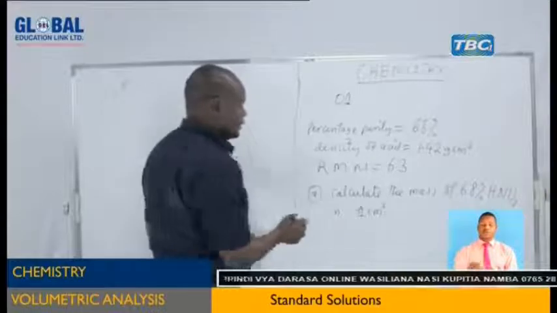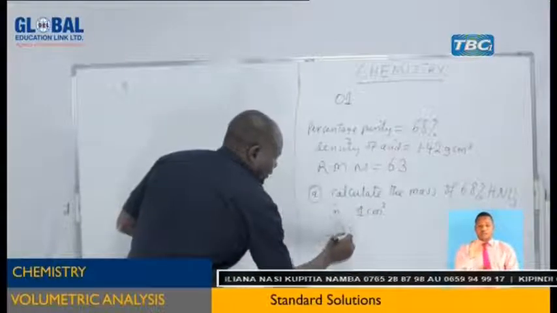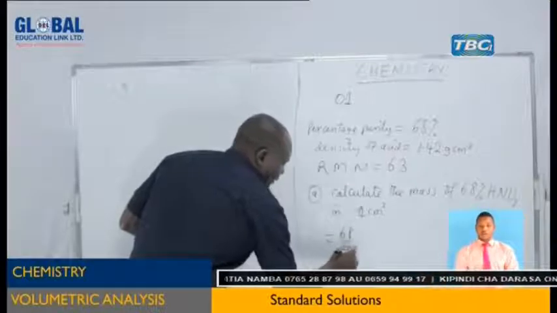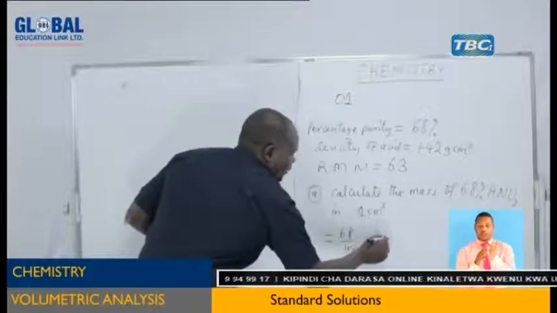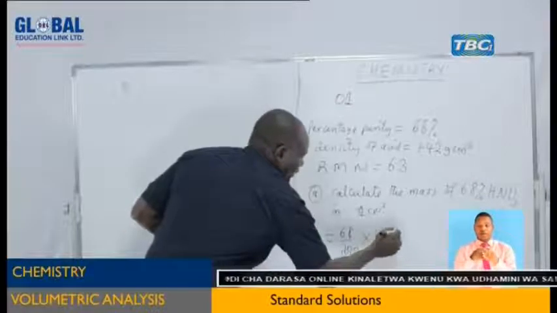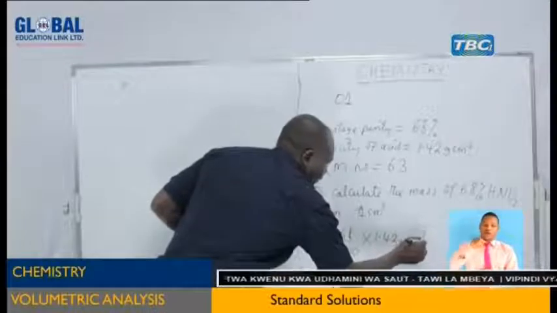So here you just take the percentage, which is 68, over 100, that is 100%, times the density, which is 1.42 gram per cubic centimeter.